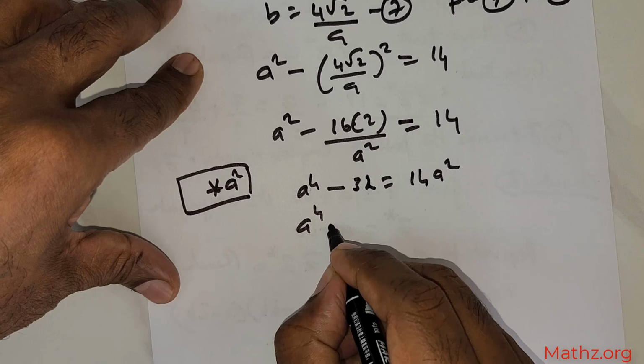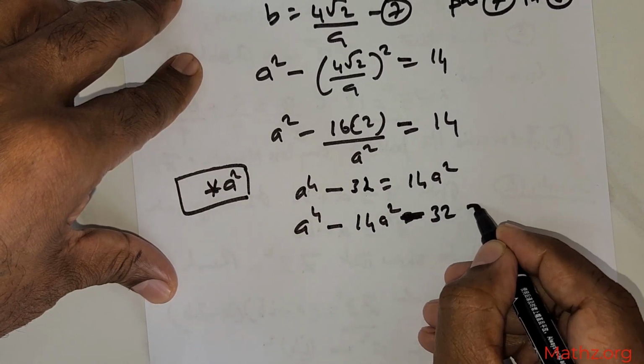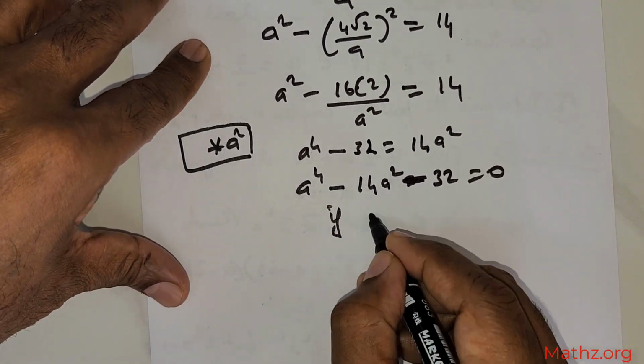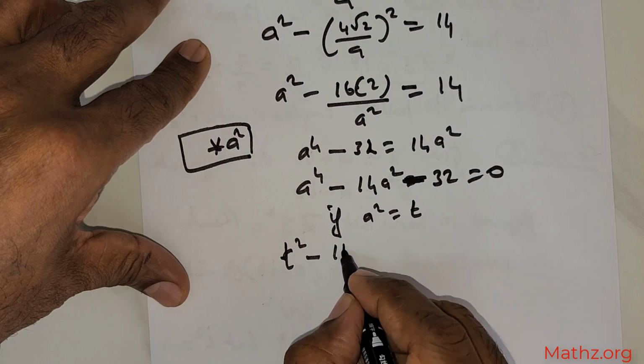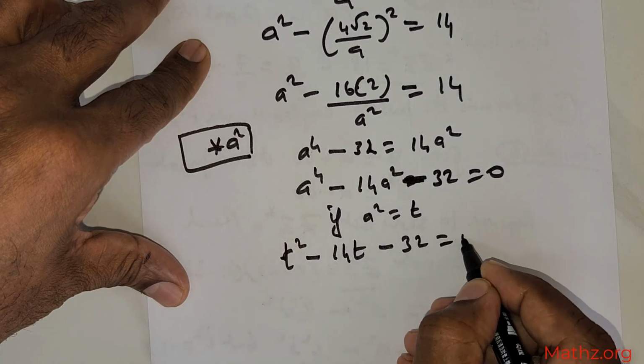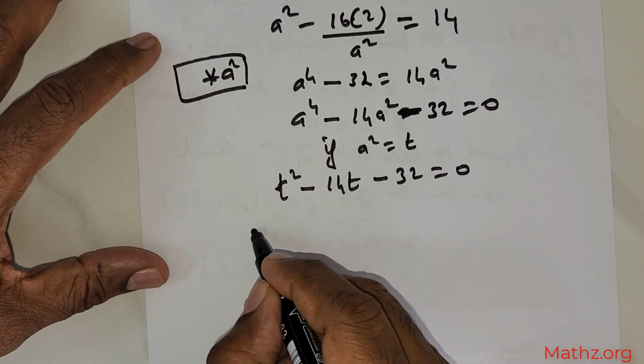So this can be rewritten as a to the power of 4 negative 14 times a squared negative 32 is equal to 0. Now if I take a squared is equal to t, I have t squared negative 14 times t negative 32 is equal to 0, using the quadratic formula.